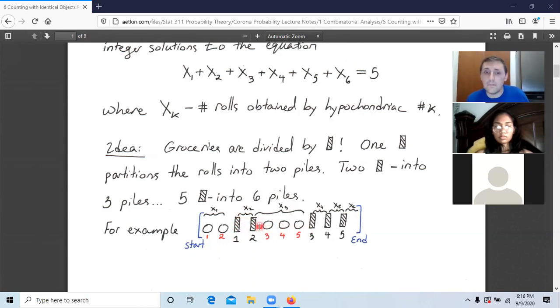Between bar two and bar three is how much the third person is getting, and so on. So this situation means the first person gets 2 toilet paper rolls, the second gets none, the third gets exactly 3, and the fourth, fifth, and sixth get nothing.